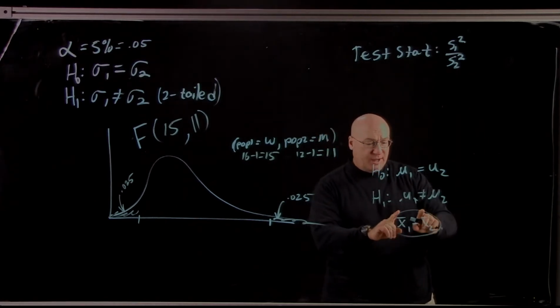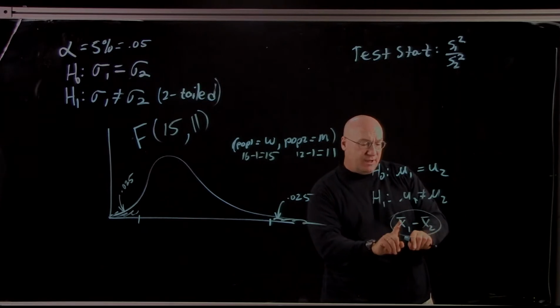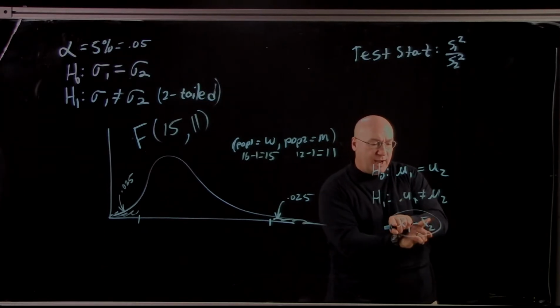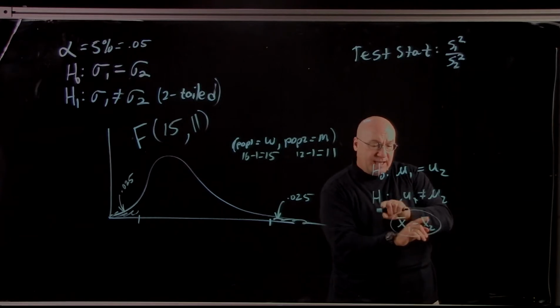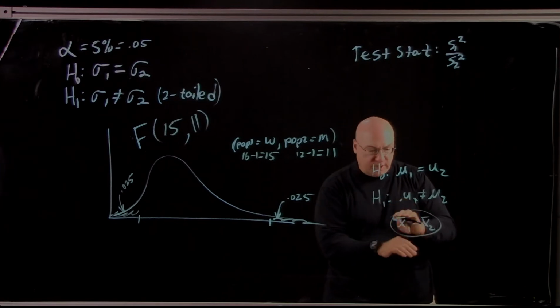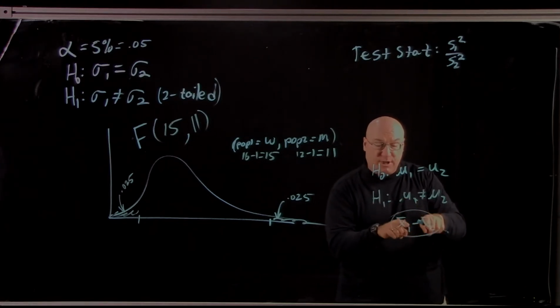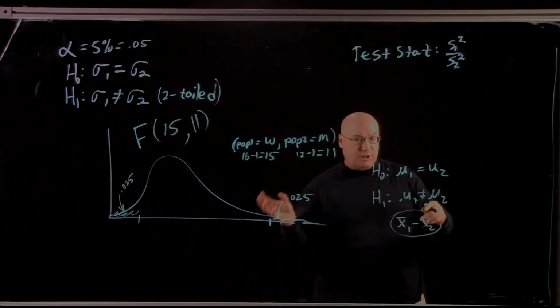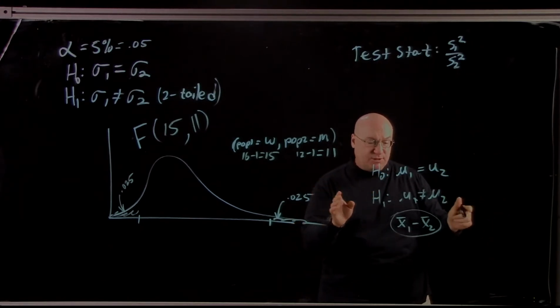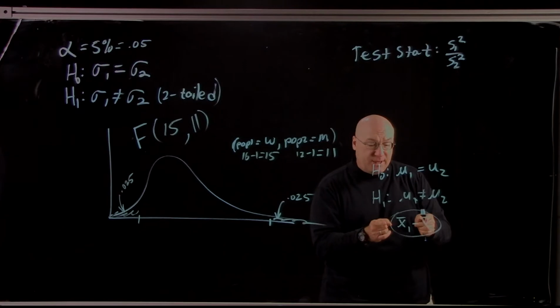Now, that's going to be negative if that number is smaller than that number, but I could just as easily flip it around and then it would be positive, right? So I just relabel which one is x1 bar and which is x2 bar, which one is sample 1 and which is sample 2, which one is population 1 and which is population 2. It doesn't matter how I label them, correct?